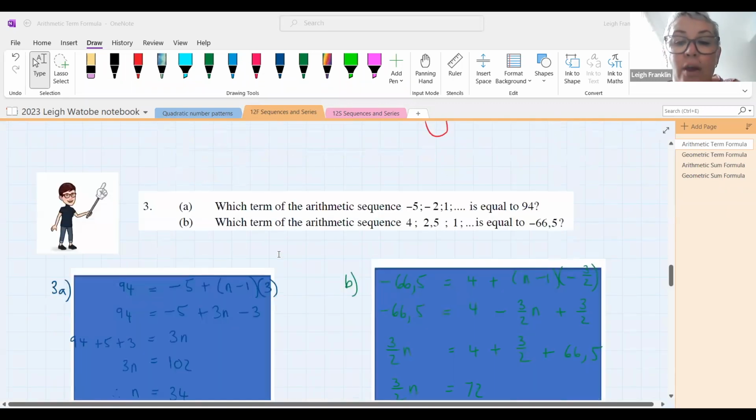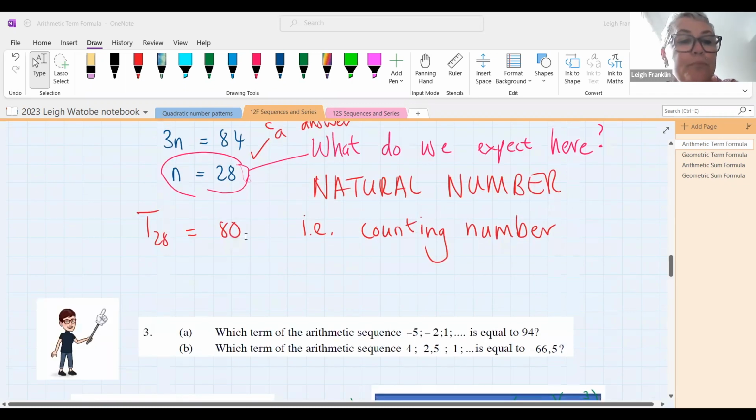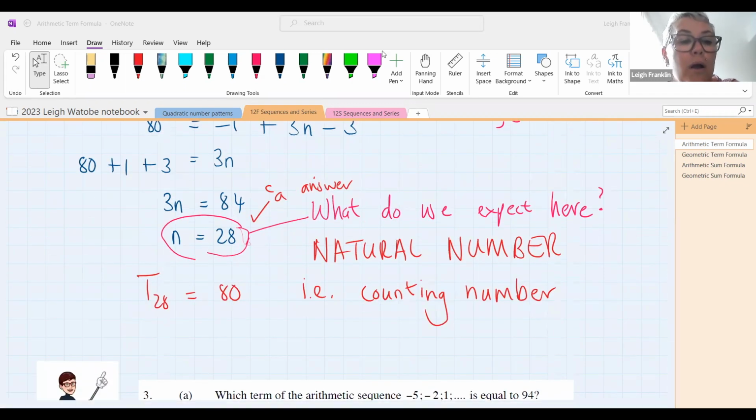In the same way, Tn is the value of the term, n is the position in the sequence.